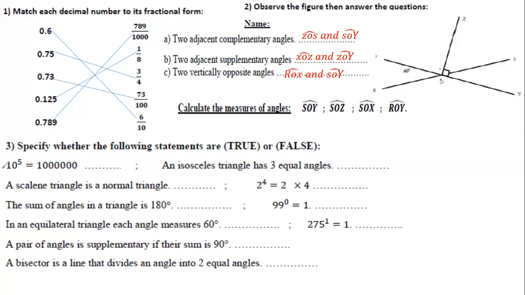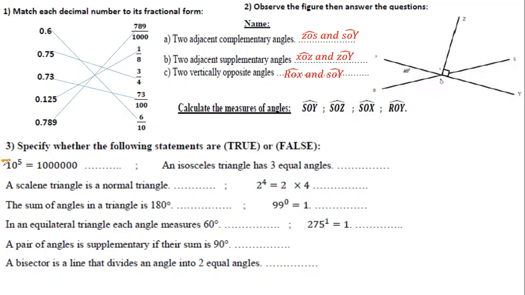It is false, Lamar. You were right. You answered correctly first. Why? Because this is a power of 10. When we are dealing with powers of 10 and we want to write them as numbers, from the base, we only take the 1.